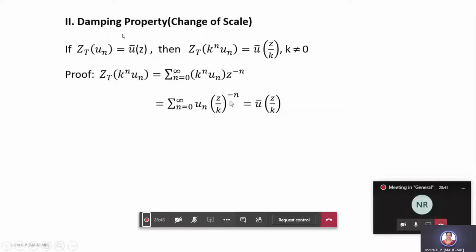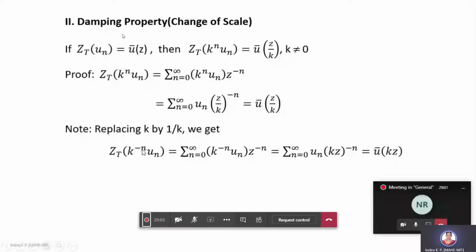Therefore, the nth term is multiplied by (z/k) to the power minus n. Hence, I just need to replace z by z/k. Similarly, I can replace k by 1/k, and get the z transform of k to the power minus n un as u bar of kz.